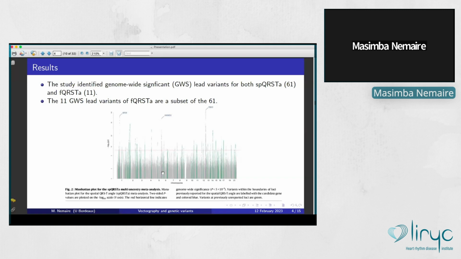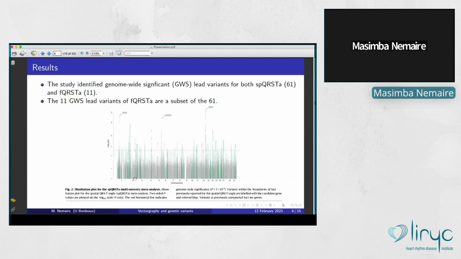So what did they find? They did this Manhattan plot, and so these genes that are annotated NFIA, HAND1 and TBX3, these are the gene variants that had been identified in the prior study that identified 3 ones, and these are the approximate chromosomal locations of those genes.